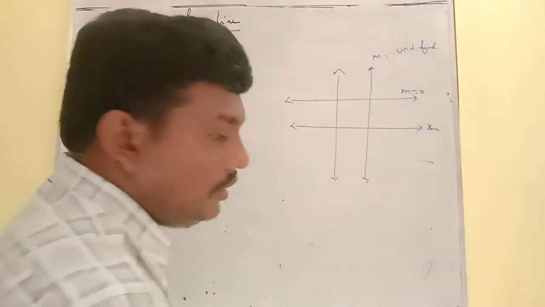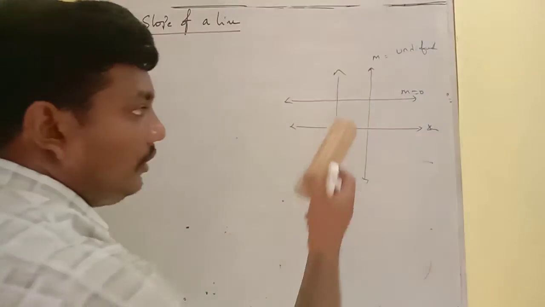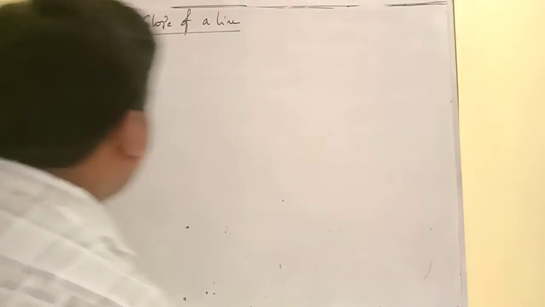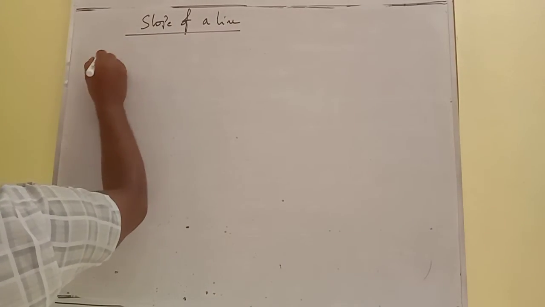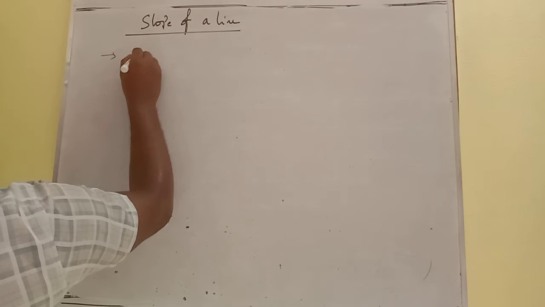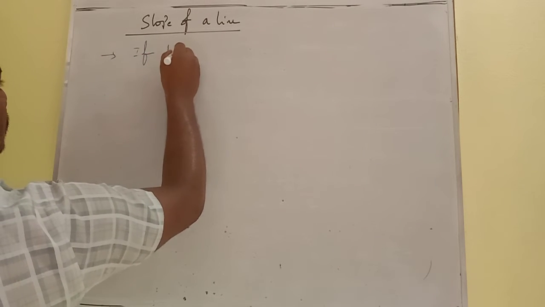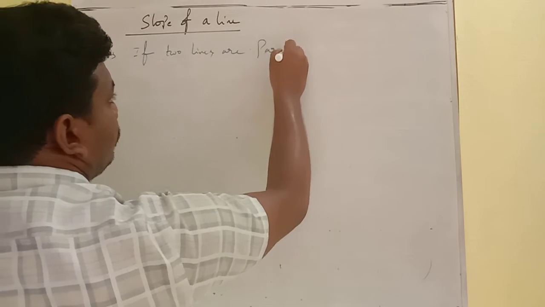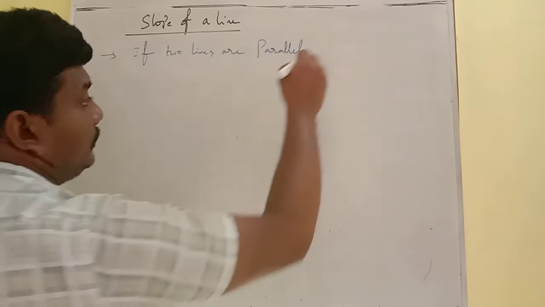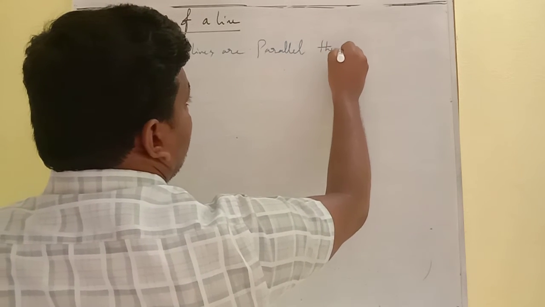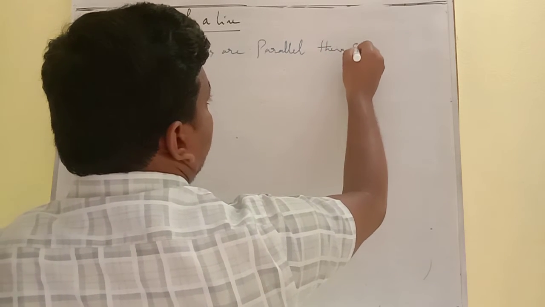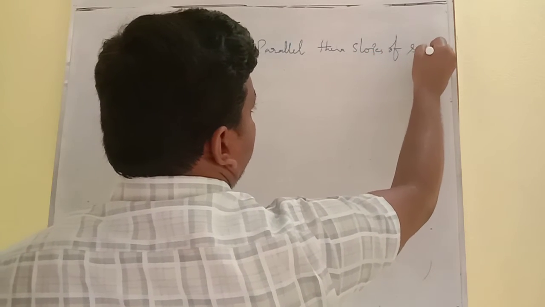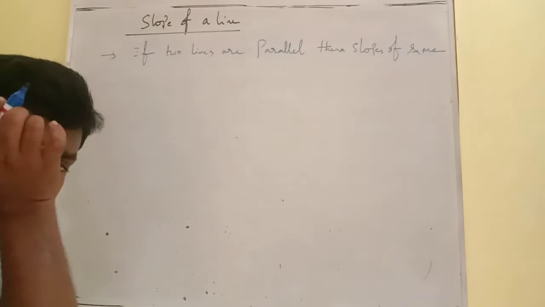Because if two lines are parallel, under this condition their slopes will be the same. The first property: if two lines are parallel, their slopes are equal.